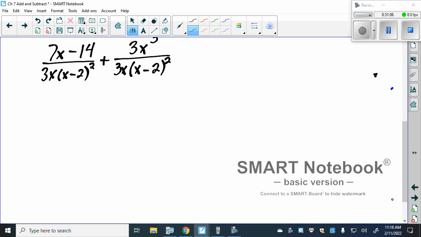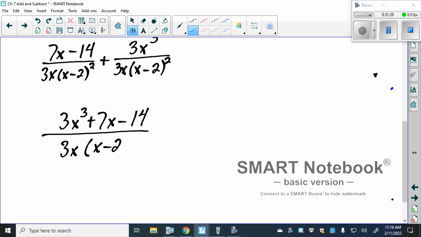And last but not least, we'll need to add these together. Well, 3x cubed, 7x, and negative 14, none of those are like terms. So we'll end up getting 3x cubed plus 7x minus 14 over 3x times x minus 2 squared.